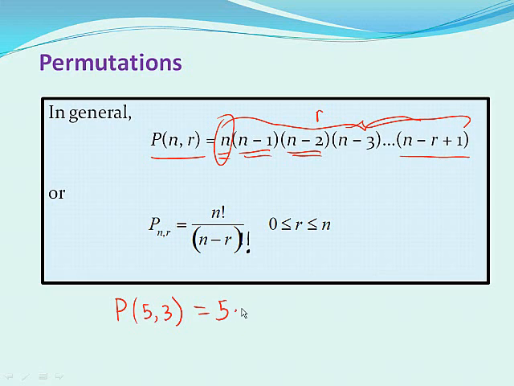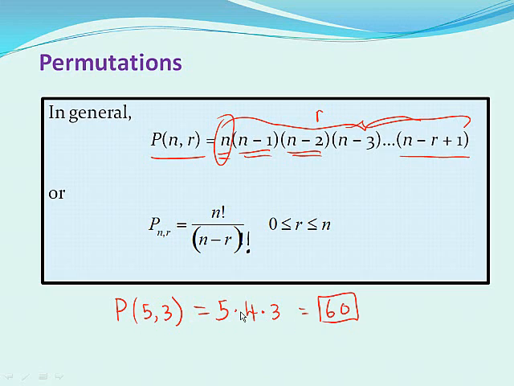Then you keep on multiplying with the next lower integers. 5 times 4, that is n minus 1, 1 less, and then 3, and you stop there because we need to have exactly 3 factors in that product, 5 times 4 times 3. So the answer will be 60. So the value of P5, 3 is equal to 60.